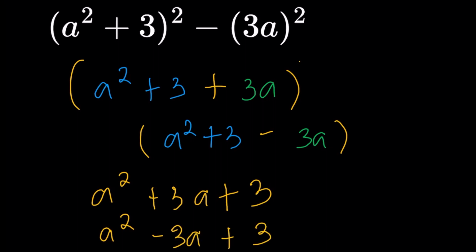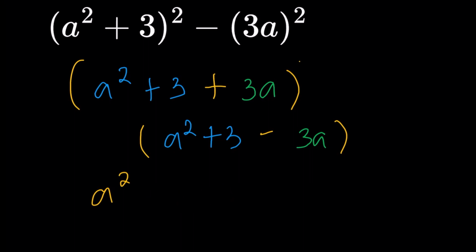Now, the first is going to be bigger than the second, and that's the reason why we have to make sure that the smaller factor must be 1. If the smaller factor was not equal to 1, then the other factor would be greater than 1 as well, which would not make it prime because it's already in factored form. So we have to make sure that a squared plus 3 minus 3a is equal to 1.